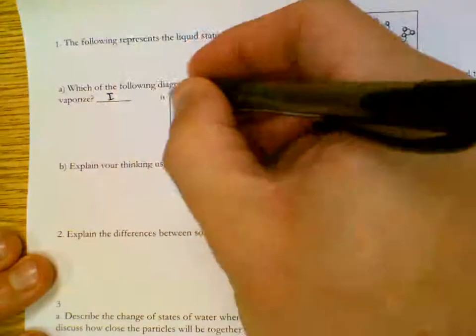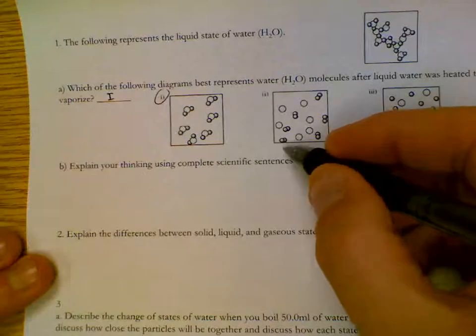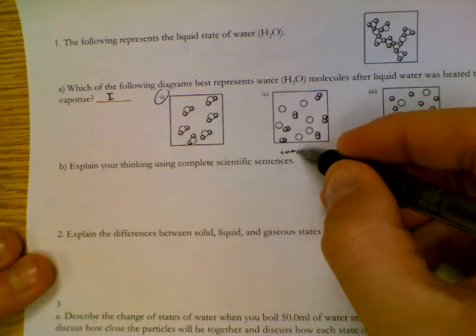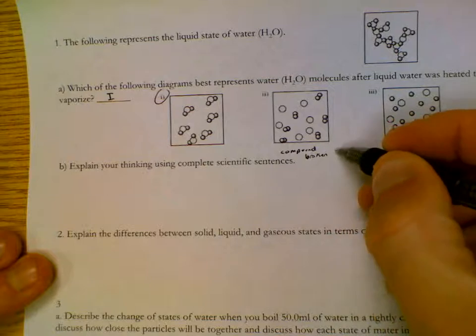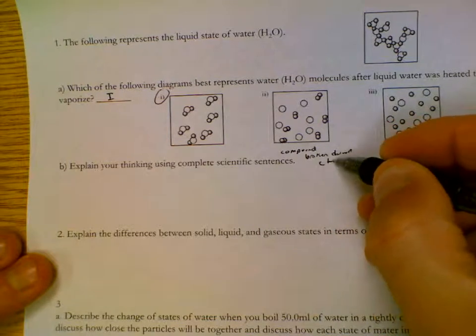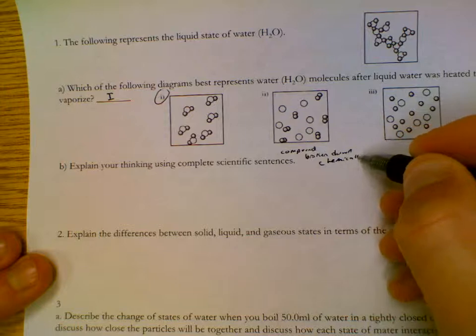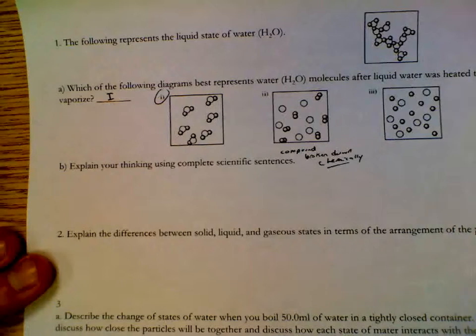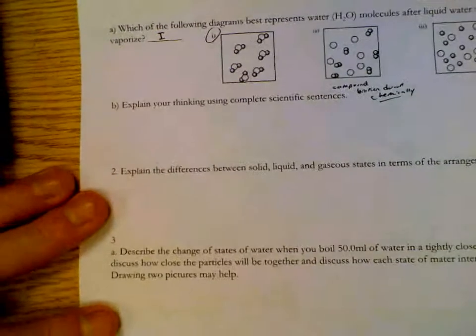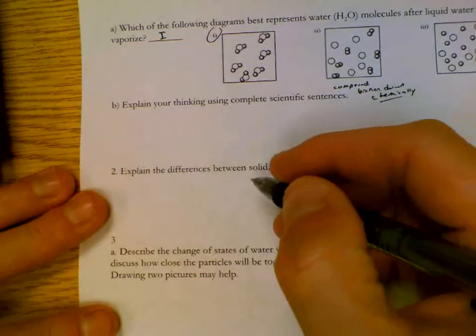So choice I would be the best one. This one might look like a compound being broken down. Chemically, which would be different than vaporizing. Vaporizing is physical. Explain our thinking using sentences.